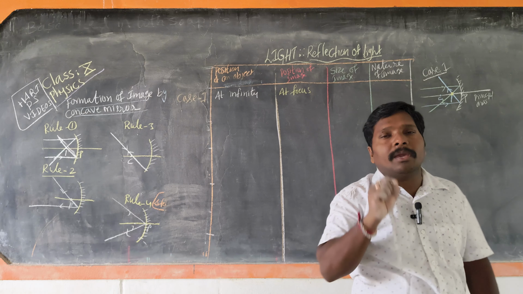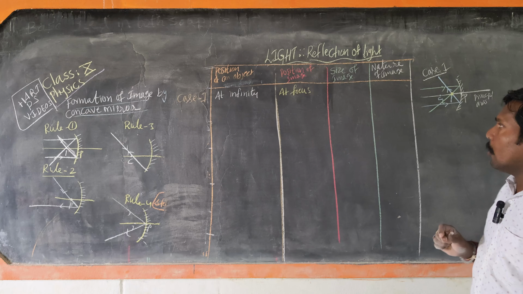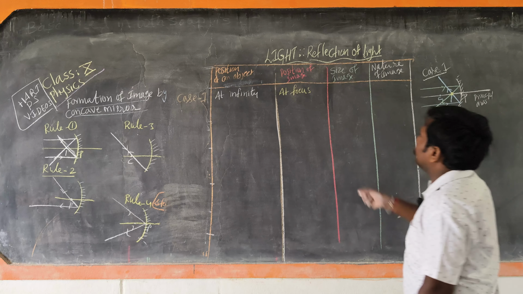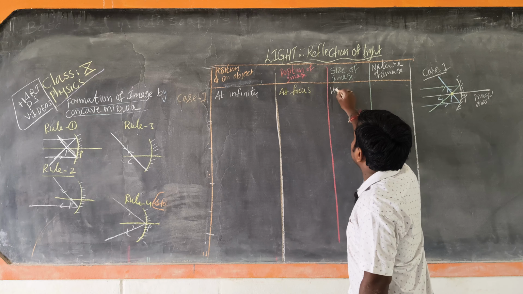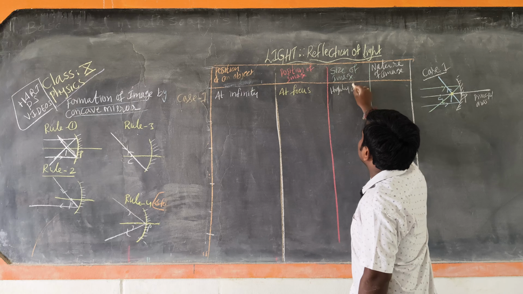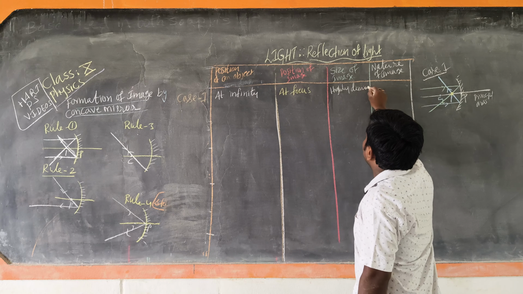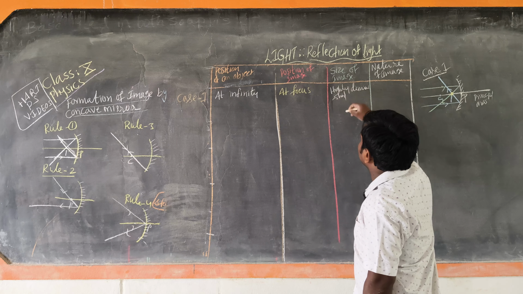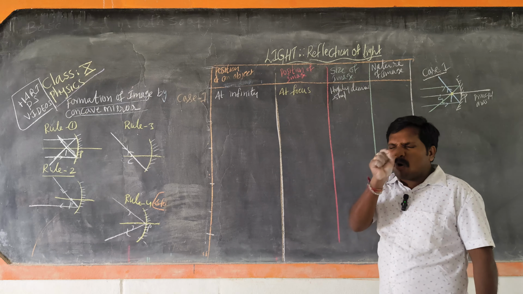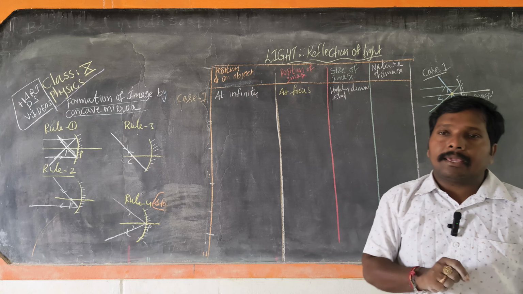A point size image is formed. Highly diminished image is formed, very small, like a dot.